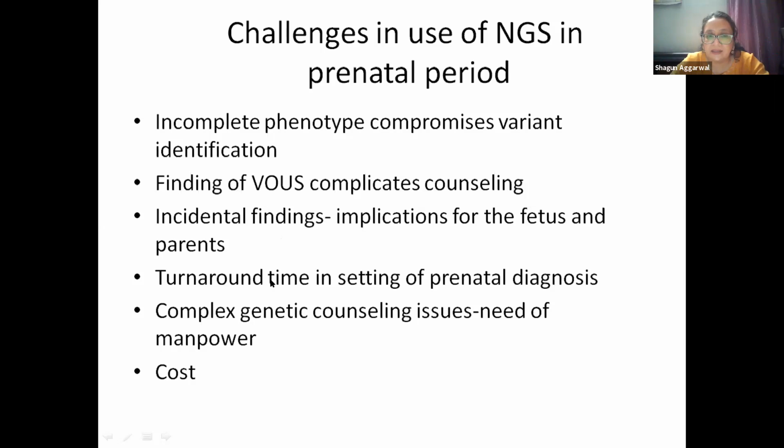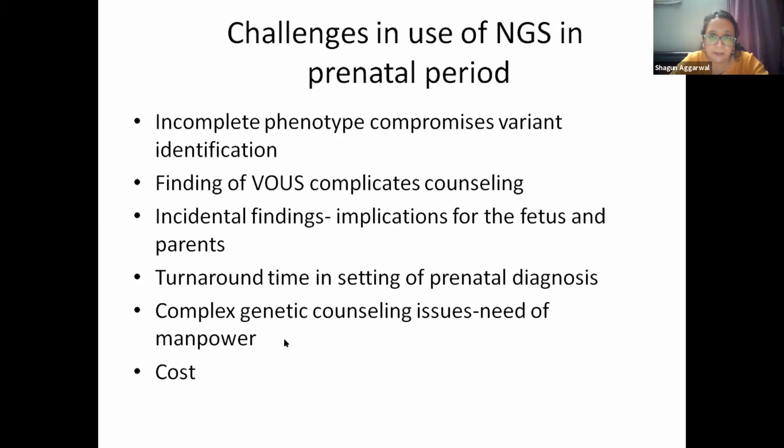And then there could be other problems like incidental findings. You could find some disease in the parent through the fetal exome, and that causes issues. And then there are practical problems, like turnaround time. When do we offer the exome? Do we wait for the karyotype report to come and then do the exome? Often there is not enough time to do all this in a serial, stepwise manner. And because of all these challenges, there are complex genetic counseling issues.